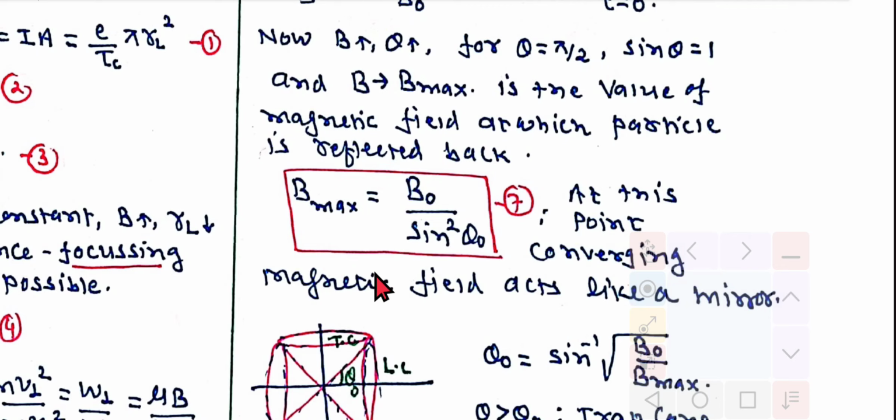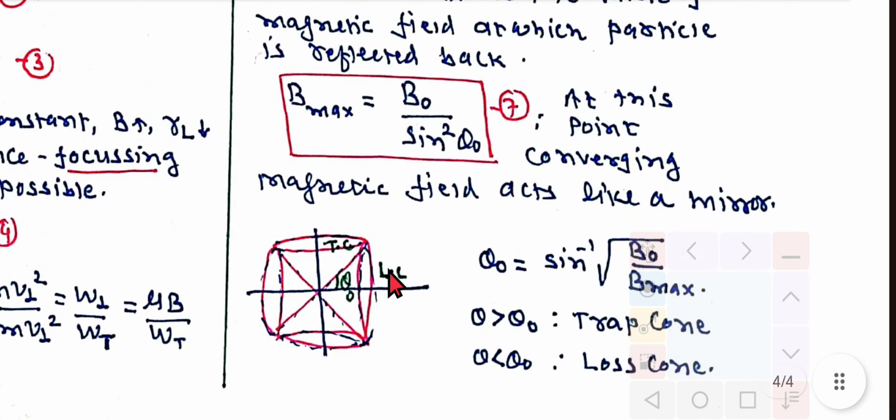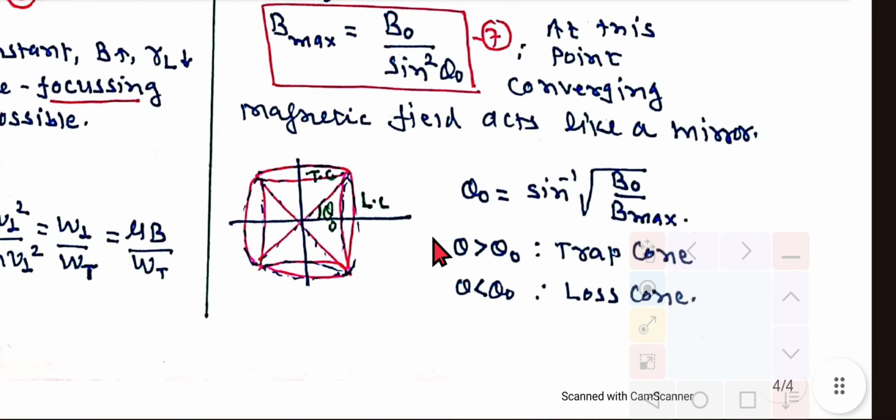So we can see here sin square theta 0 equals B0 divided by B max in the denominator. So theta 0 equals sin inverse of the square root of B0 divided by B max.